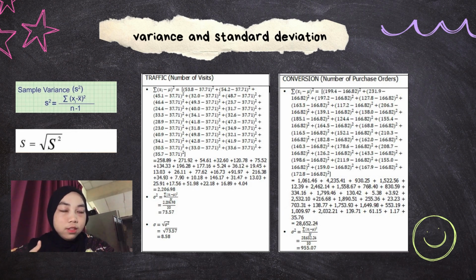As we can see, the standard deviation of the number of purchase orders has a higher value compared to the number of visits. This suggests that the purchase order data has more variability compared to the number of visits data.